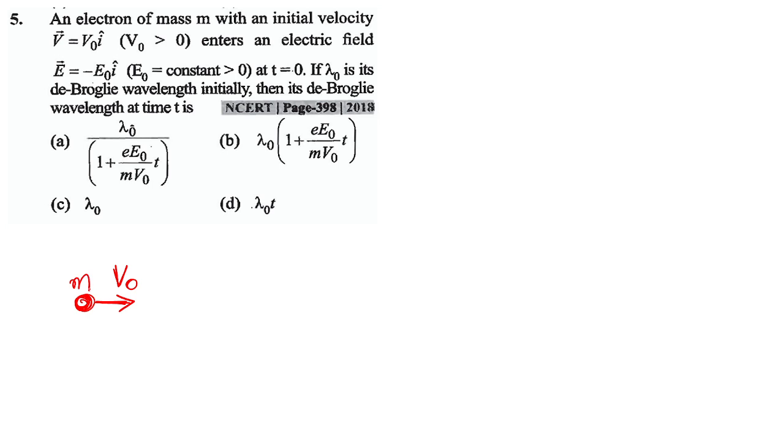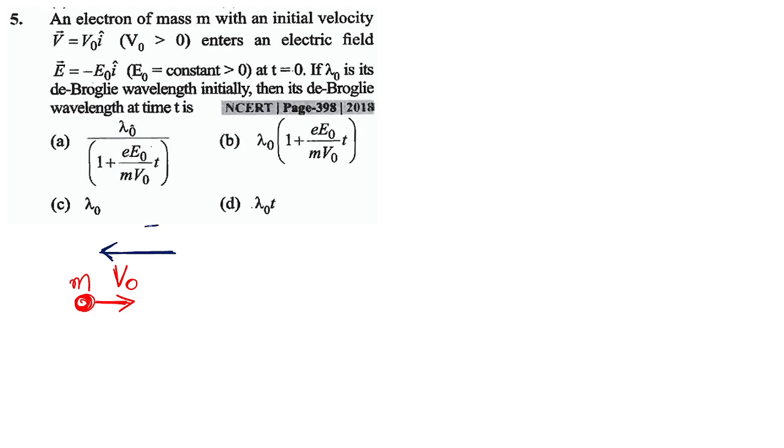The electron has mass m, and initially its velocity was v0, and we are accelerating this electron. We are increasing the velocity of this electron by applying an electric field. The electric field to be applied is minus E0 i, which indicates that the electric field is towards the left.